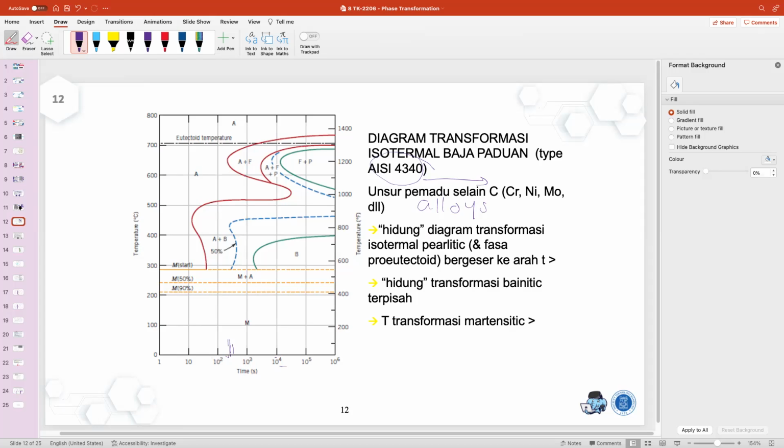So if we add some alloys here, the nose shifts to a higher time. This one, the nose of the transformation diagram, the isothermal pearlitic and proeutectoid transformations, will shift to a higher time, so it can make some adjustment for the operational process. Okay, and the martensite transformation temperature also increases, would be higher.